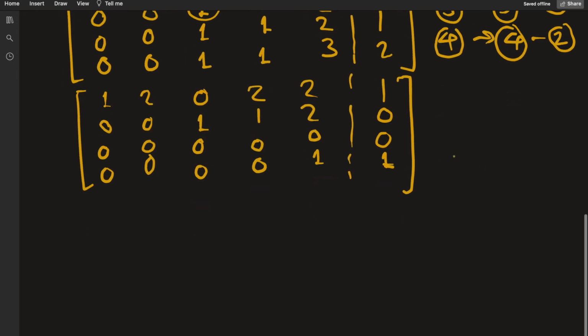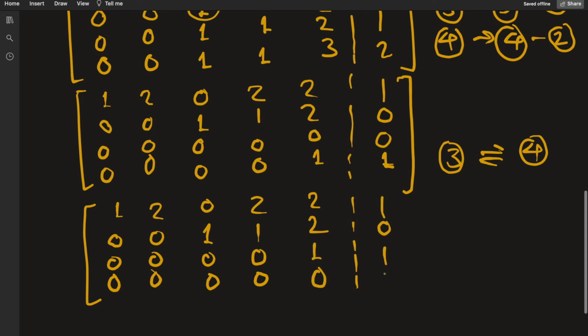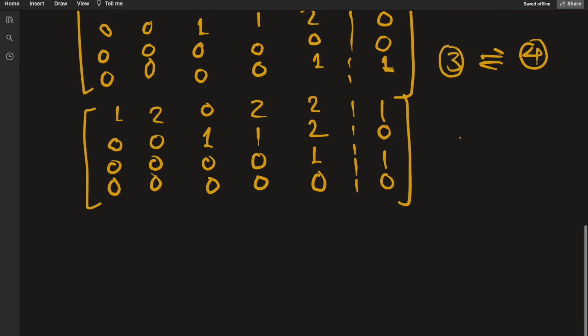So we just need to exchange rows 3 and 4, and then basically get rid of the 2's that we have here.